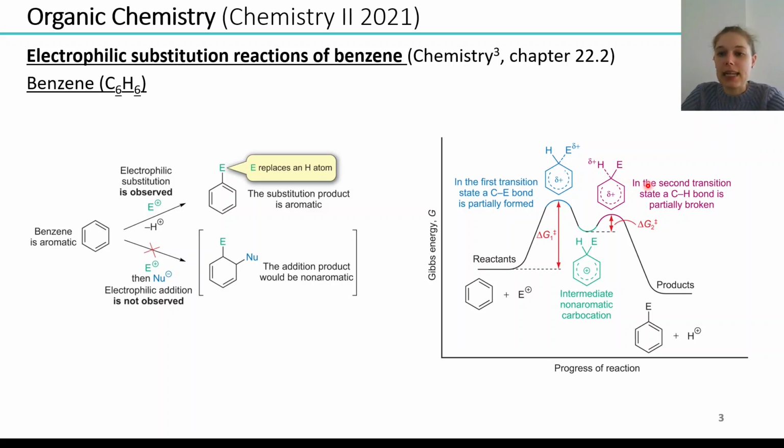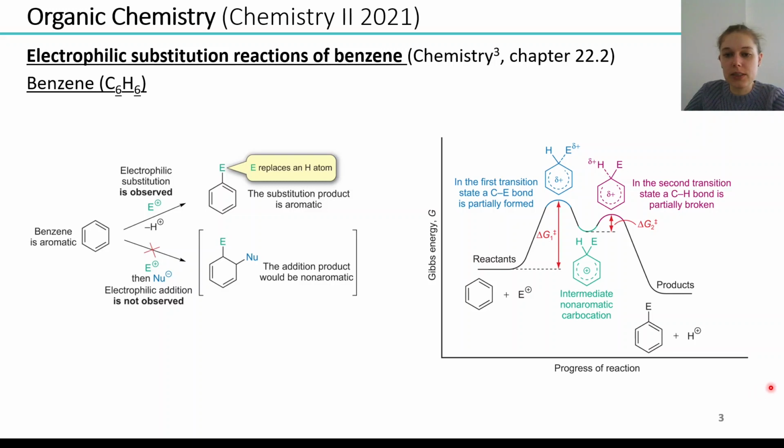Then in the second step, the faster step, the carbocation, so the arenium ion, loses a proton, usually through a reaction with a base. Then the 2 electrons of this carbon-hydrogen bond move inside the ring in order to regain the aromaticity of the benzene ring.